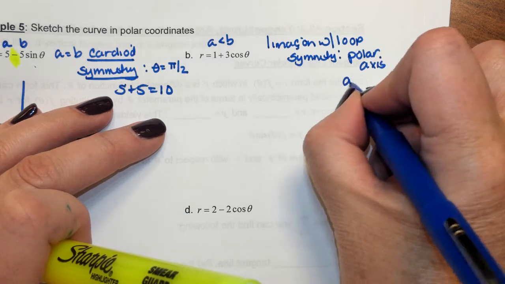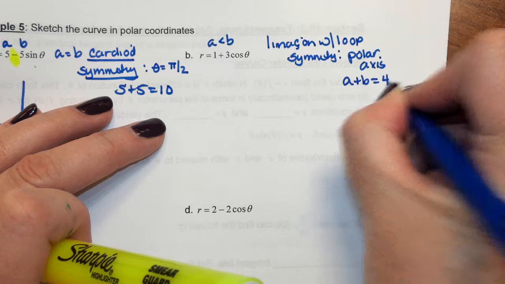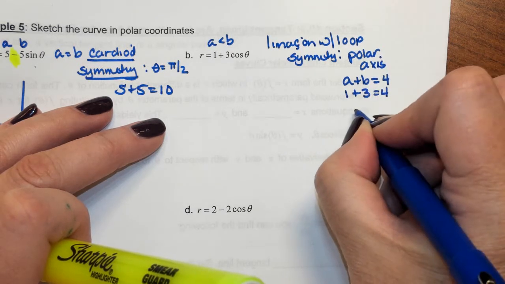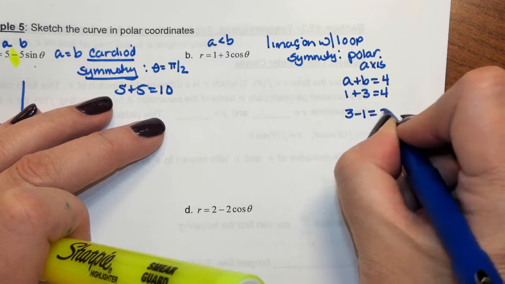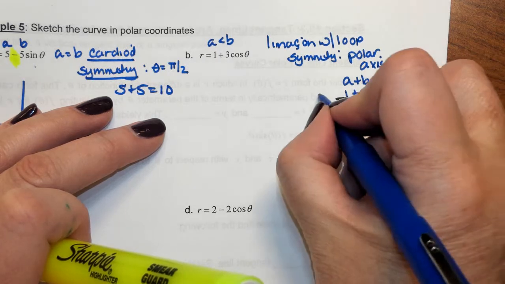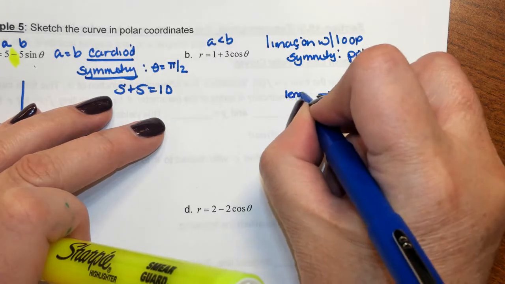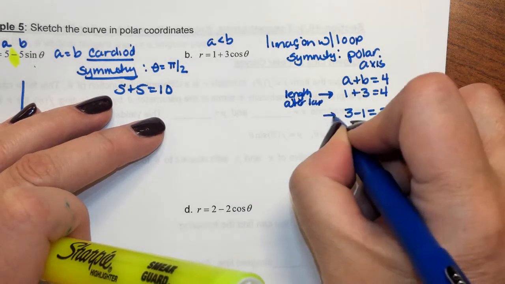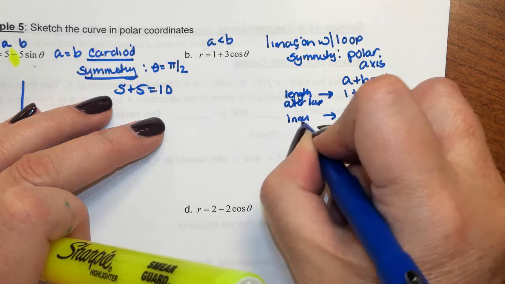Now if I add a plus b, that's going to give me 4. So 1 plus 3 is equal to 4. If I subtract the difference, that gives me 2. This is the length of the outer part of the loop. This is the length of the inner loop.